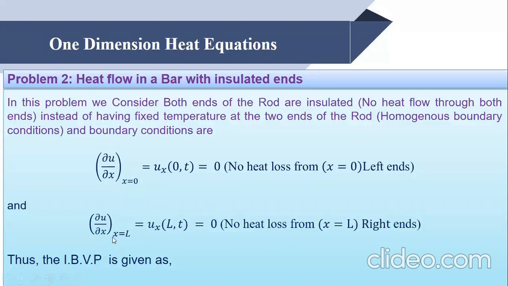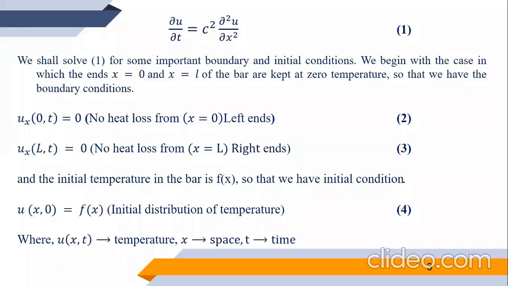And the other boundary condition, del u by del x at x equal to L, is again 0. That means no heat loss from x equal to L, the right end.